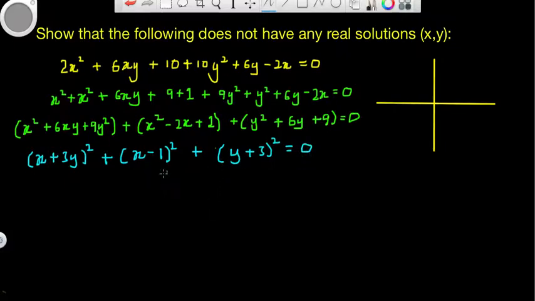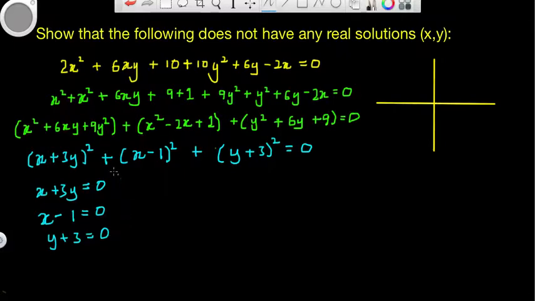Well, since the square of any real number is greater than or equal to 0, the solution to this equation must satisfy x plus 3y equals 0, x minus 1 equals 0, and y plus 3 equals 0.